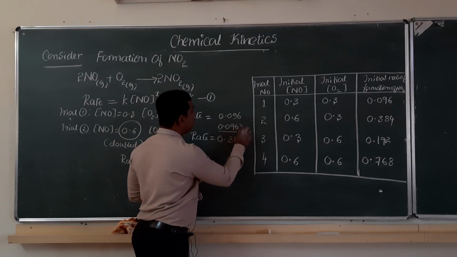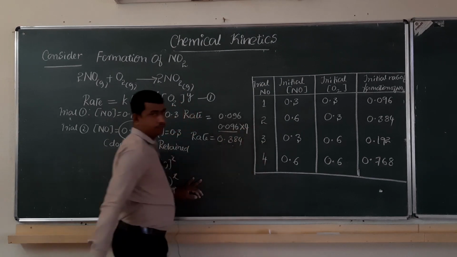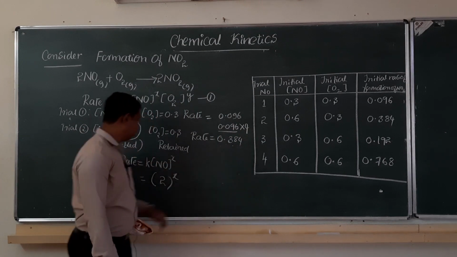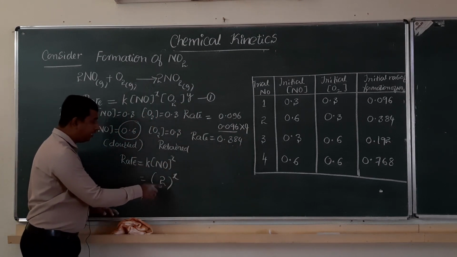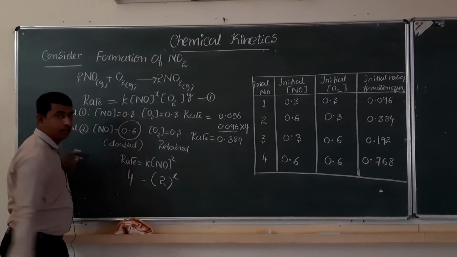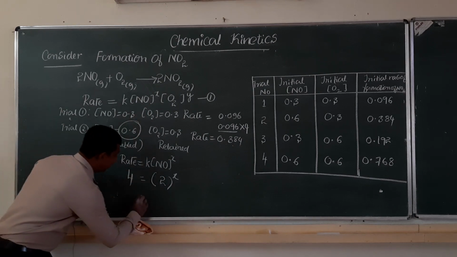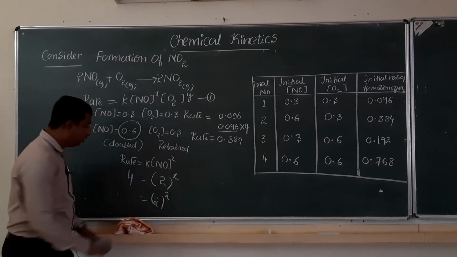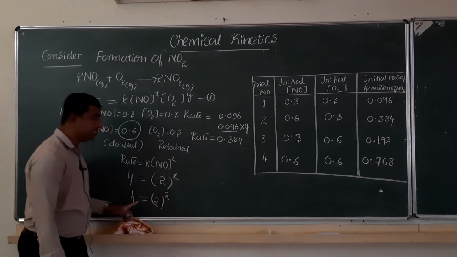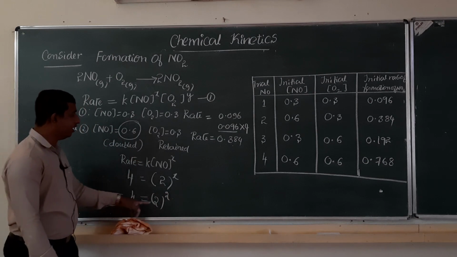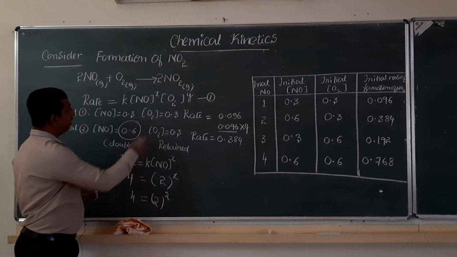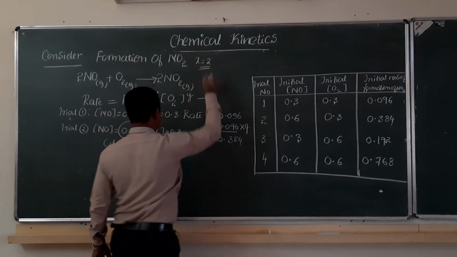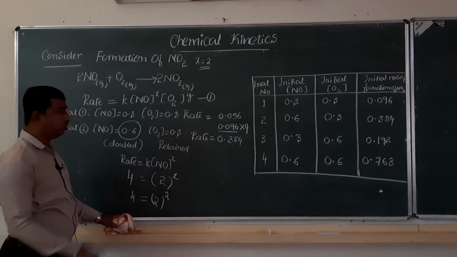So 0.096 into 4 is equal to 0.384. So when concentration of NO is doubled, rate increases by 4 times. That means value of x must be equal to 2. So 2 to the power 2 is equal to 4. Now we got the value of x. So value of x is equal to 2.